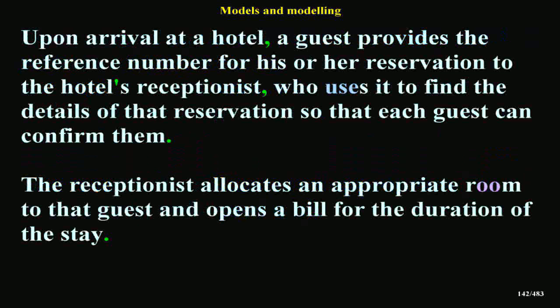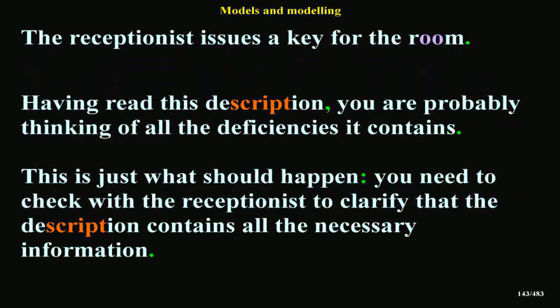Upon arrival at a hotel, a guest provides the reference number for his or her reservation to the hotel's receptionist, who uses it to find the details of that reservation so that the guest can confirm them. The receptionist allocates an appropriate room to that guest and opens a bill for the duration of the stay. The receptionist issues a key for the room.